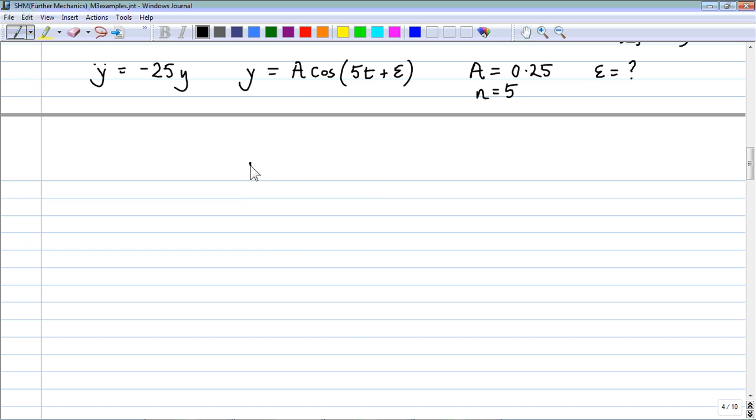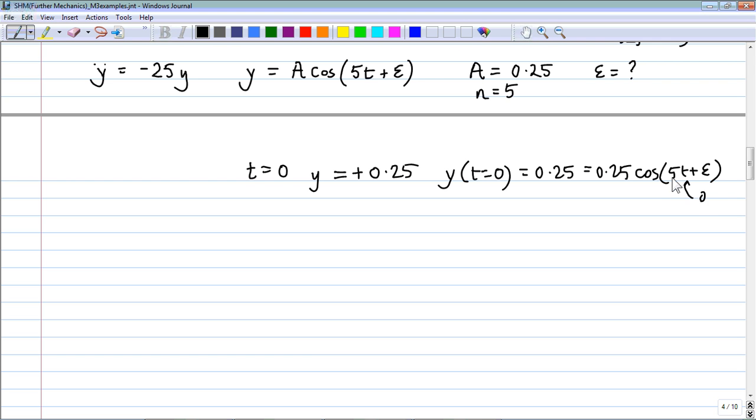But in this question we're told that when t equals 0, y is plus 0.25, the maximum point. So y of 0 is equal to 0.25, but that's equal to 0.25 cosine of 5t plus epsilon when t equals 0. So 0.25 cos epsilon equals 0.25, so epsilon is 0.